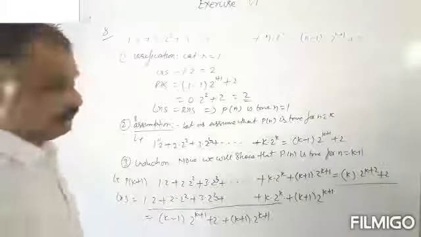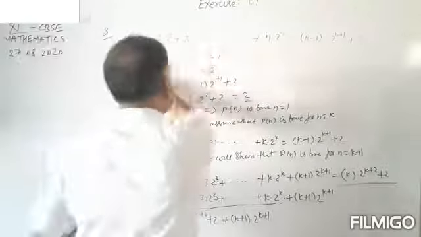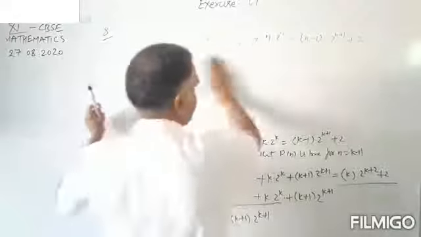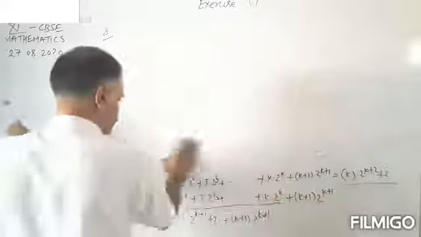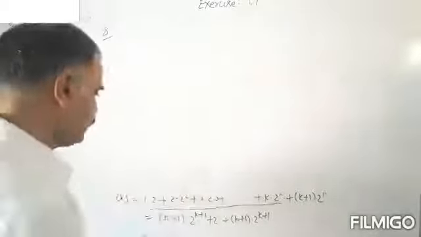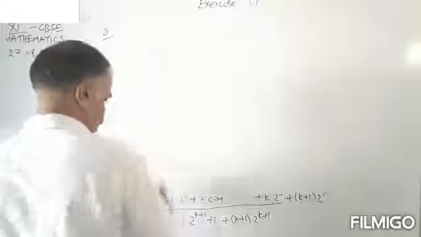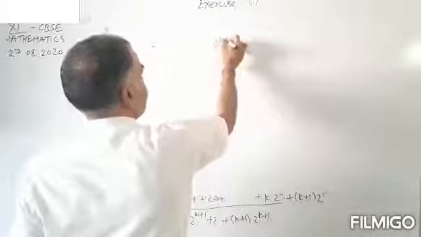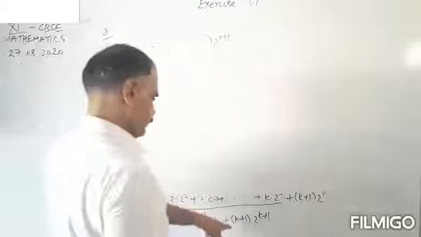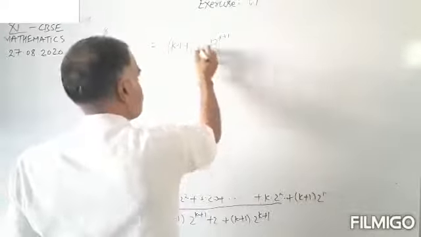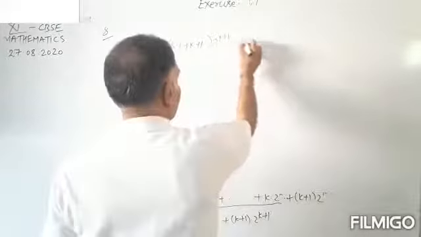Okay, so solving the left hand side, taking 2 to the power (k plus 1) as common, we have (k minus 1) plus (k plus 1), plus 2.